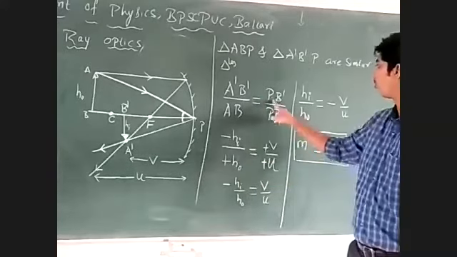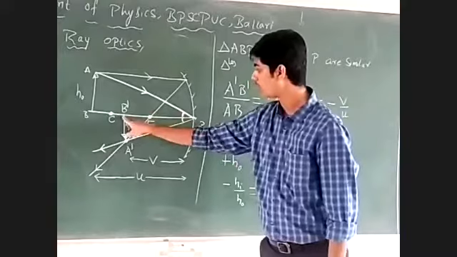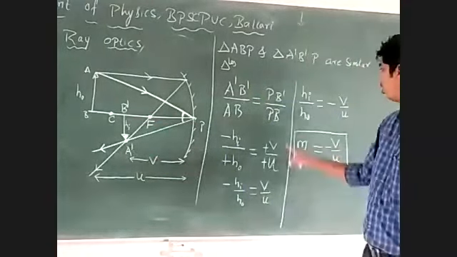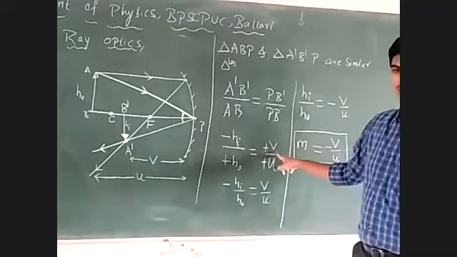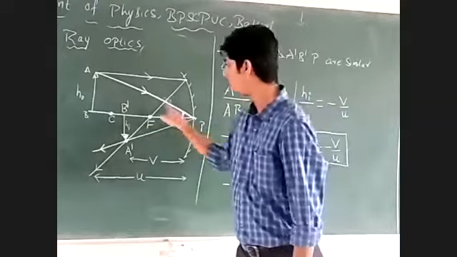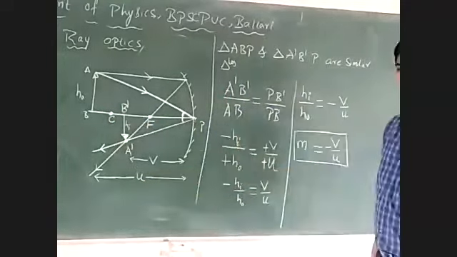That is equal to PB dash, the distance between the pole and the position of the image, which is the image distance, and according to Cartesian sign convention, it must be negative, minus V, divided by PB, the object distance between the pole and the position of the object, which according to the sign convention must also be negative. Minus and minus get cancelled out here.